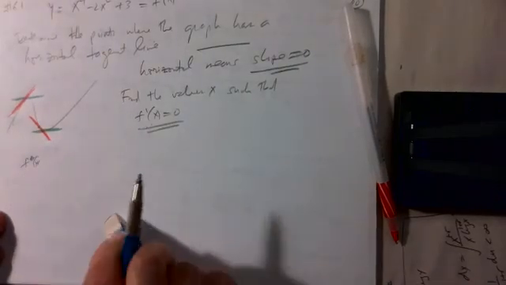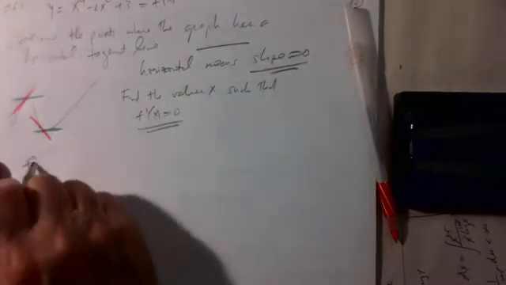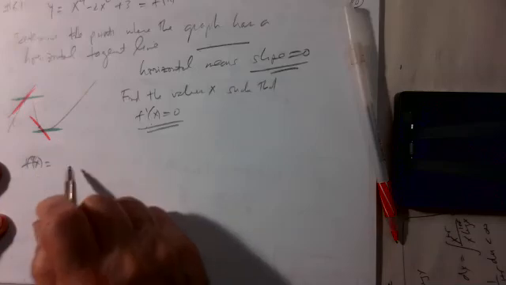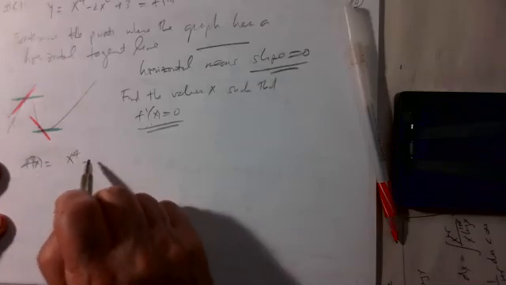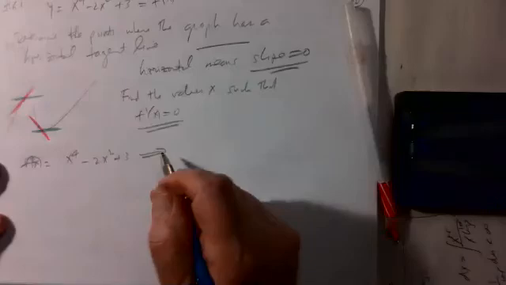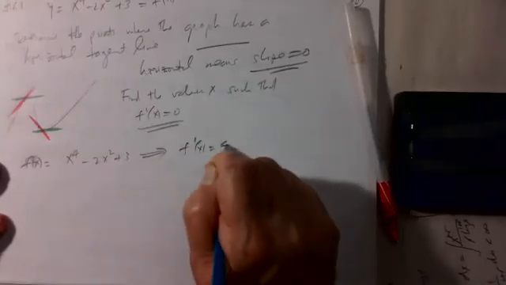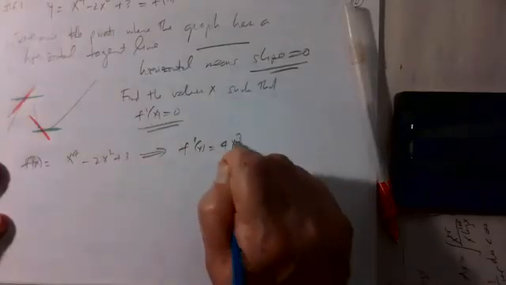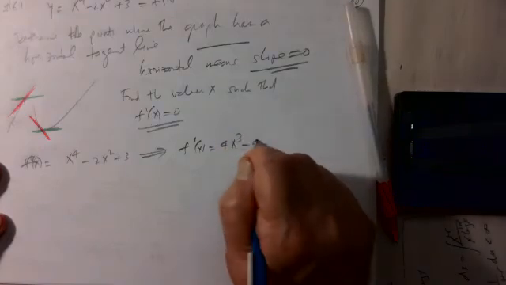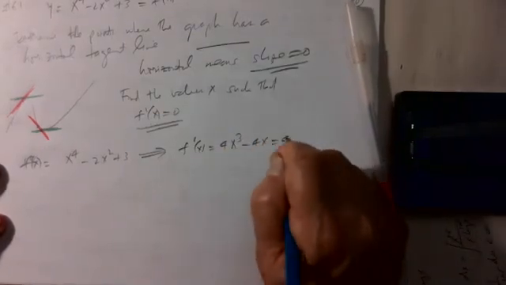So f of x is the function x to the fourth minus 2x squared plus 3. This means that f prime of x is 4x cubed minus 4x plus 0. Let's see, I can factor out 4x.